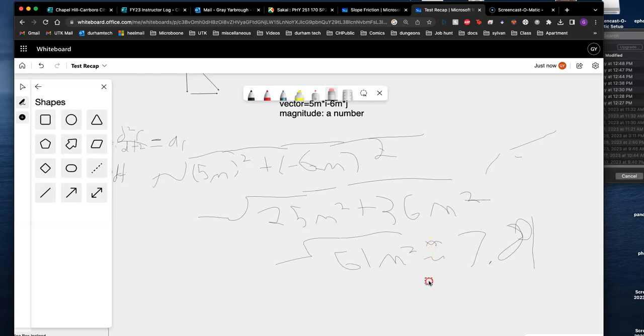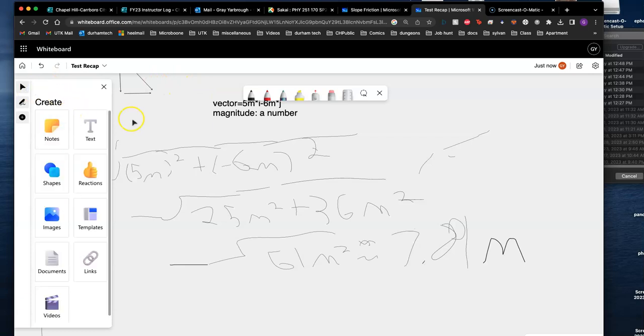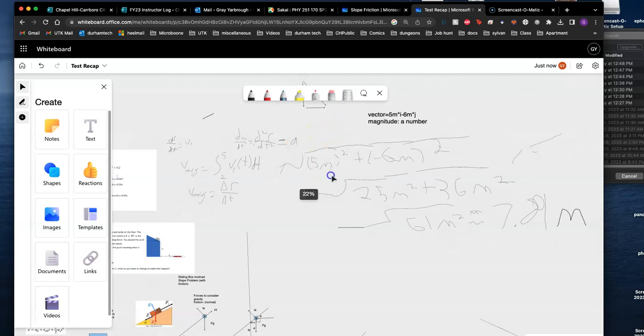I didn't pick a nice number, so this is just the square root of 61 meters squared, which gives us about 7.8 meters. And so, that is the basics of this problem. I might provide the actual solutions later, but yeah, that's one problem down, more to follow.